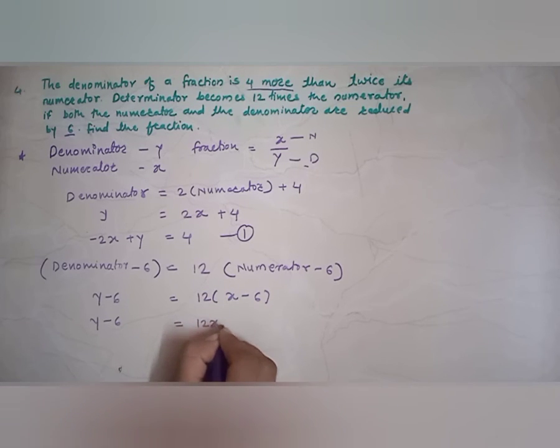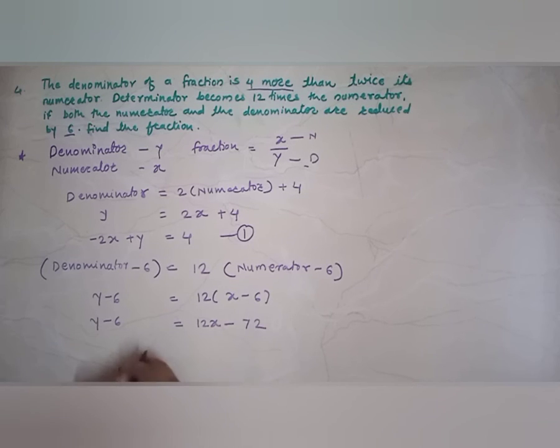First solve this: 12x minus 72. So rearrange the equation: minus 12x plus y is equal to minus 72 plus 6. The 6 is shifted there.